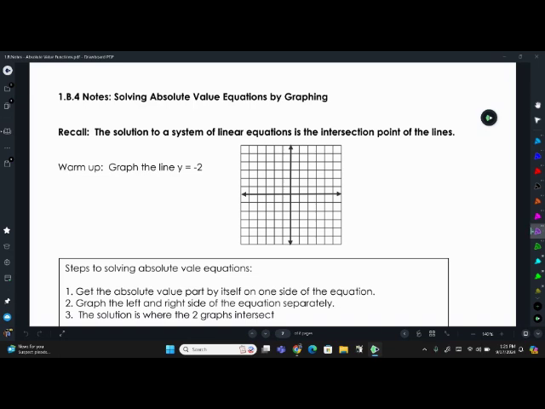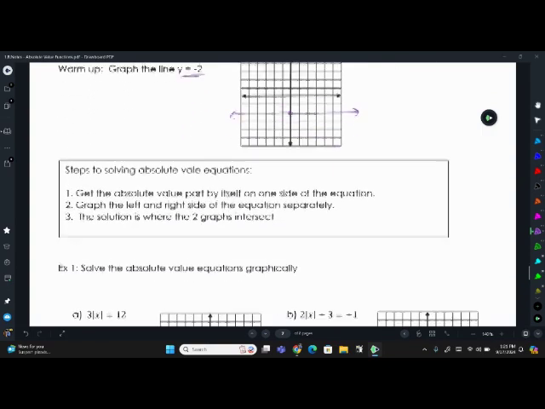As a reminder, for graphing the line y equals -2, on the y-axis you're going to go down 2, and this is your line y equals -2. So we're going to be using that to solve by graphing.